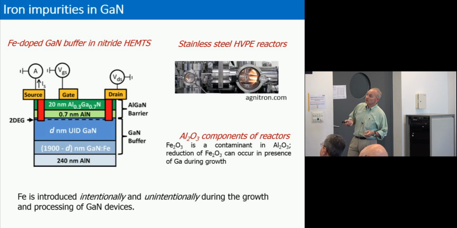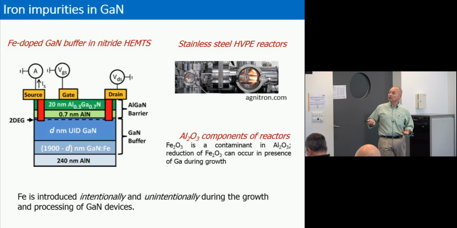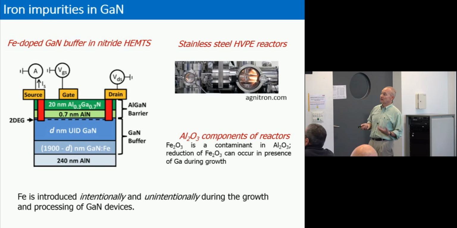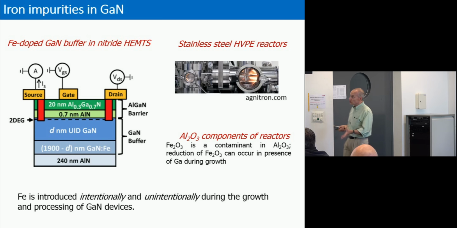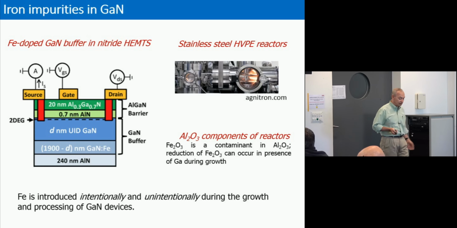In some types of transistors, these high electron mobility transistors, you need a semi-insulating buffer layer, and to accomplish that, very often iron doping is used. So the idea of having a transition metal present inside the gallium nitride material is certainly not new, sometimes intentionally introduced, but there is also some information about transition metal impurities being present as contaminants.